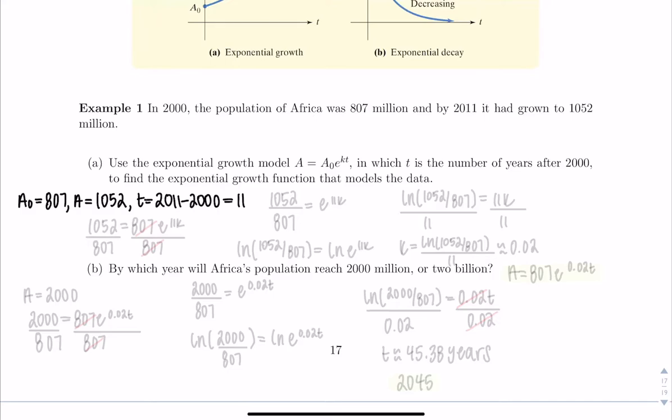We want to plug this in so that we can find k, which is our growth factor. So let's plug this in. We have 1,052 equals 807 e to the 11k.